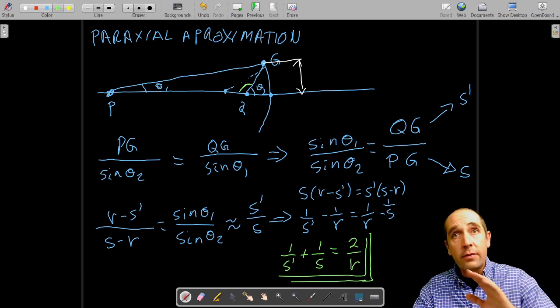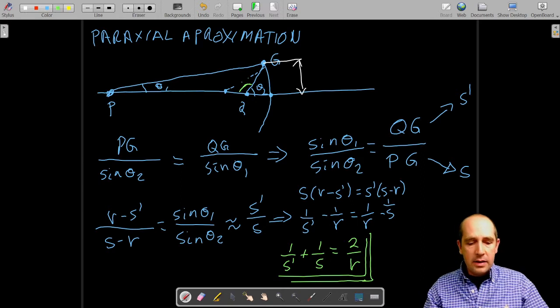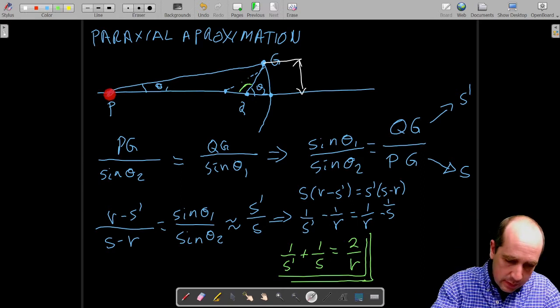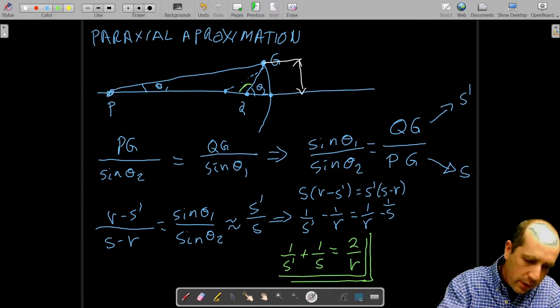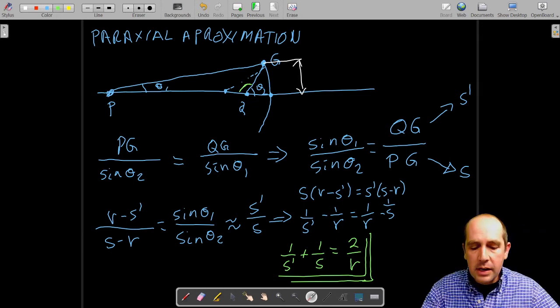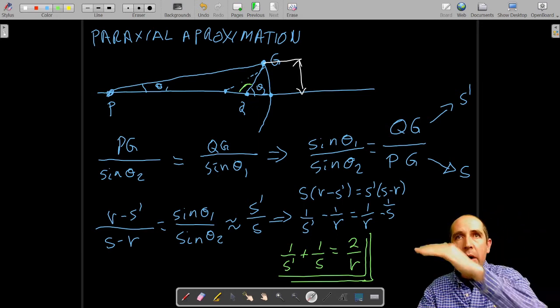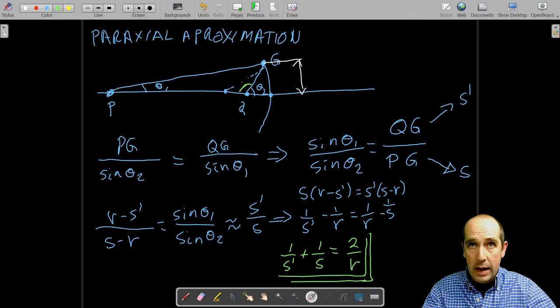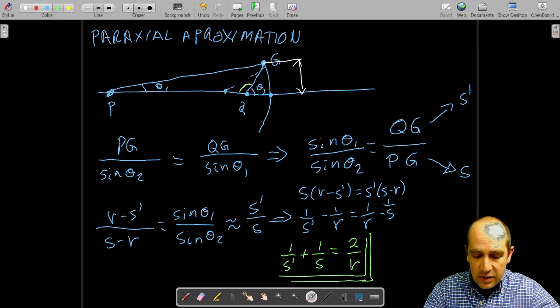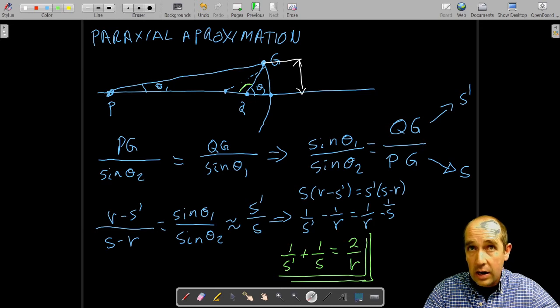Actually, when we take the limit of the object being very, very far, when this point P is taken far, far away, all the rays will come parallel to the optical axis. In that case, S is a very large number, and therefore 1 over S is a very small number.